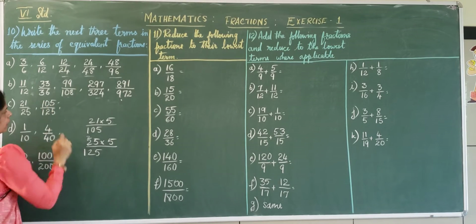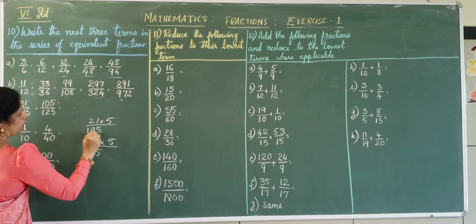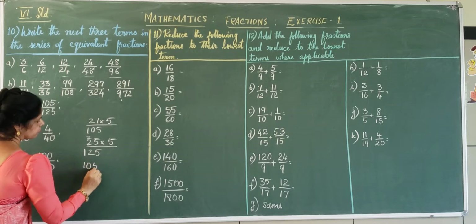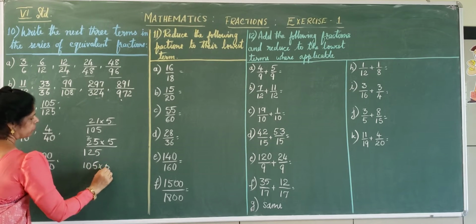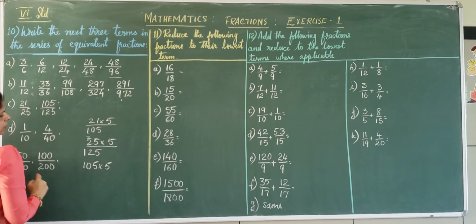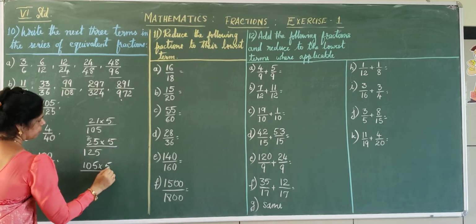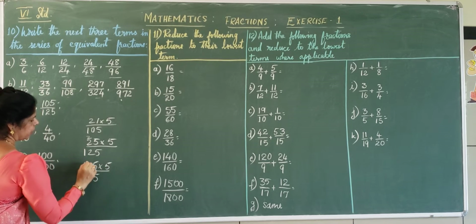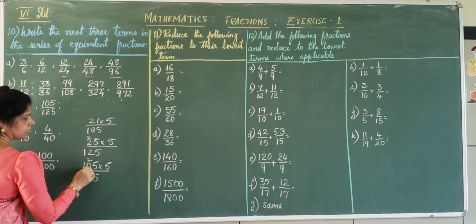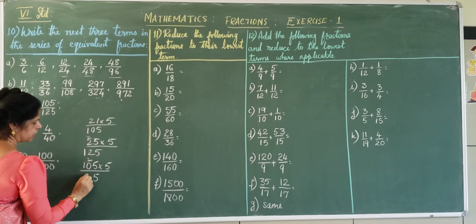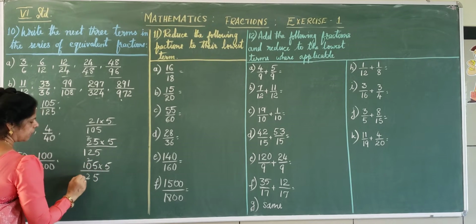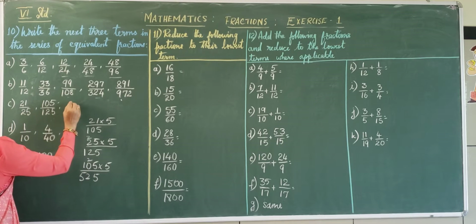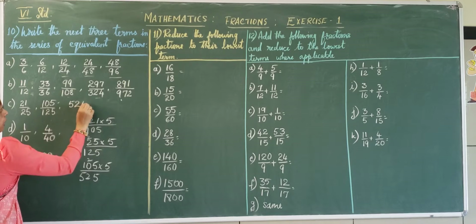Now that same common factor you have to utilize for this also. Now let us see. The numerator is 105 into 5. So 5 5s are 25, carry 2, 5 zeros are 0, 0 plus 2 is 2, 5 ones are 5. So the next term here will be 525.